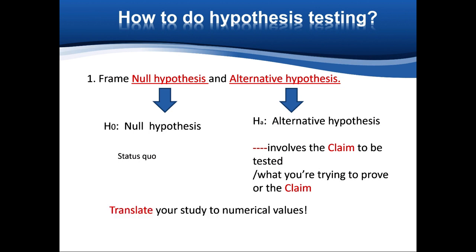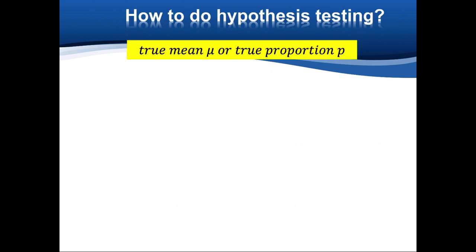So we need to translate the claim to numerical values. In this class, we will only discuss the hypothesis about the true mean mu or the true proportion p about the population.